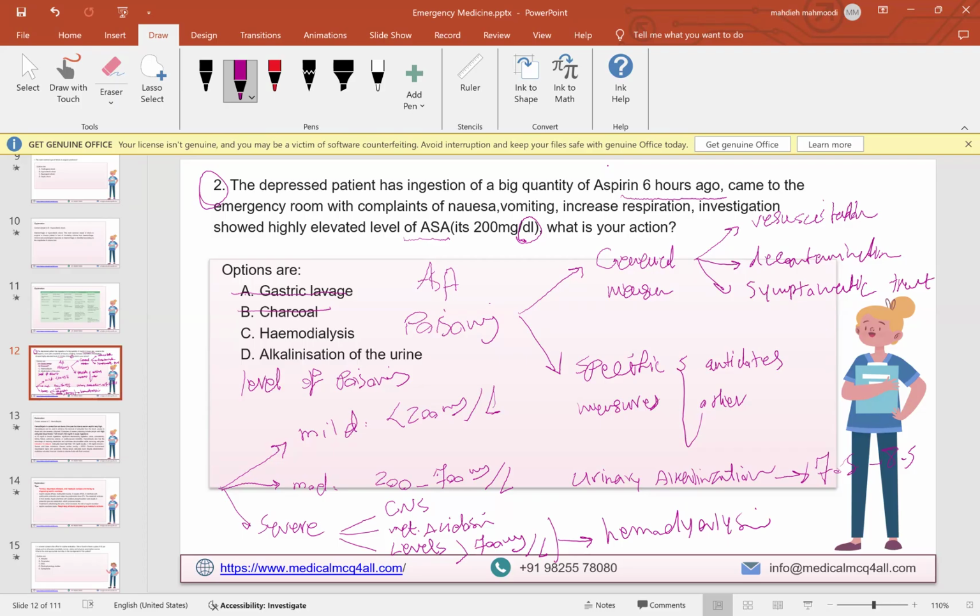It is under the severe category, ma'am. Why? Because of the increased levels. You have mentioned 700 milligram per liter, and in the question, I think it's written as 200 milligram per deciliter.